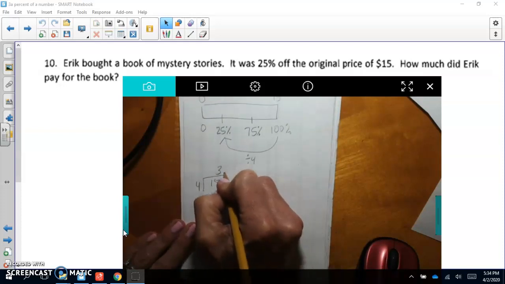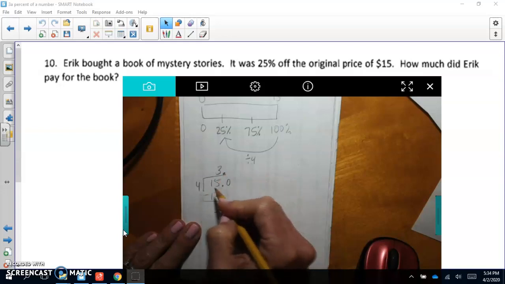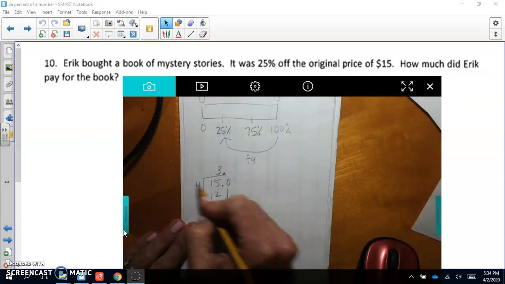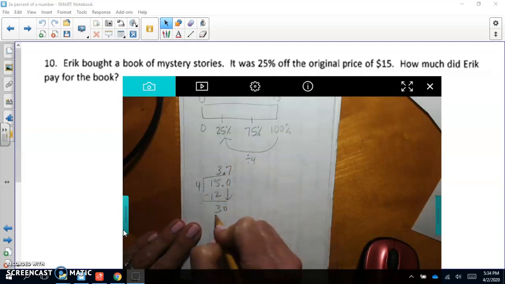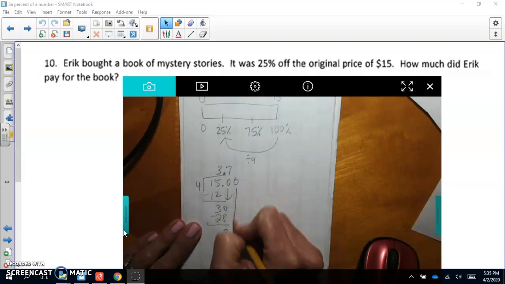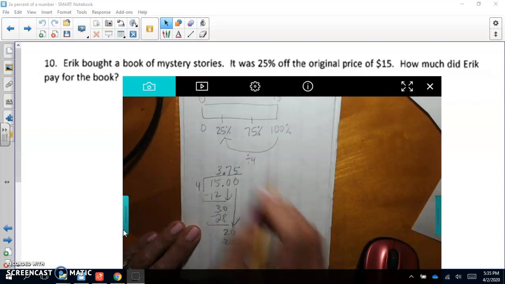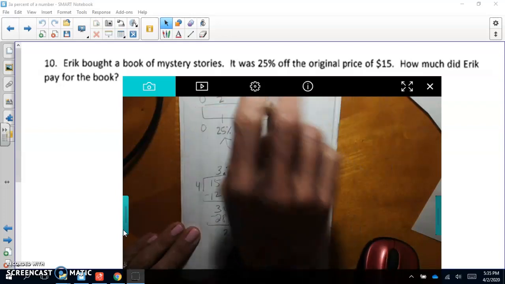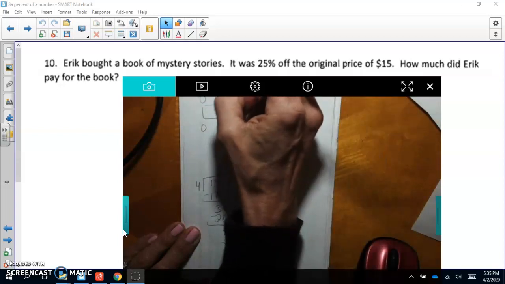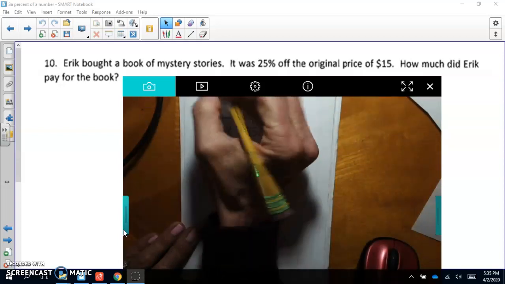Now I'm going to add a decimal and a 0, and bring that 0 down. 4 into 30 is 7, and that's 28. Subtract, I get 2. Add another 0, bring it all the way down. 4 into 20 is 5, and 5 times 4 is 20. Nothing left over. So 25% is $3.75.